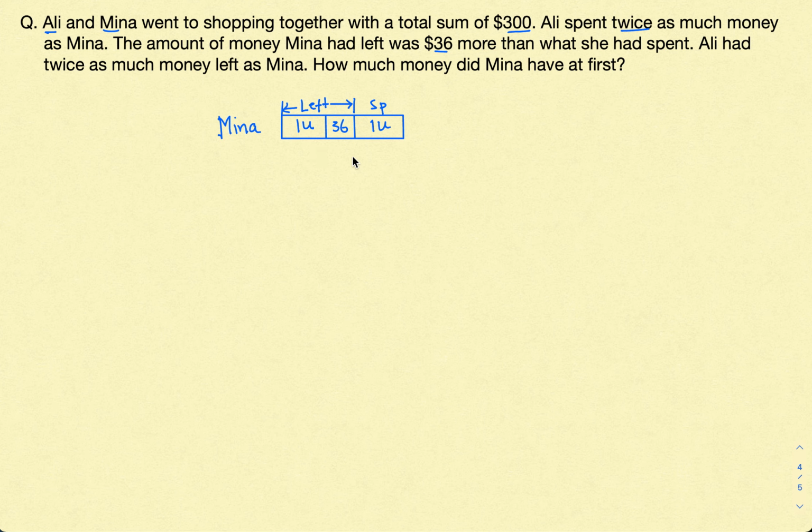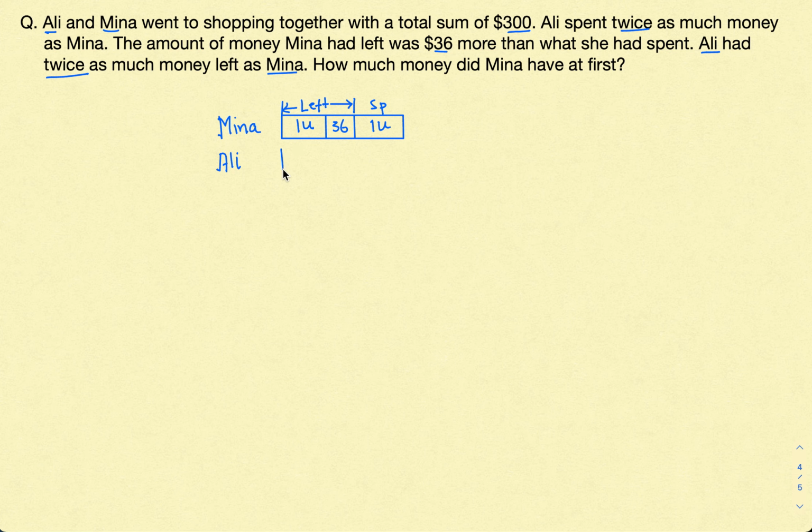Now let's come to Ali. The first thing we notice here is that at the end, Ali had twice as much money left as Meena. What Ali is left with is twice of what Meena was left with, and Meena is left with 1 unit and another $36. Then how much money was Ali left with? He's left with twice of this amount, so we can draw this twice.